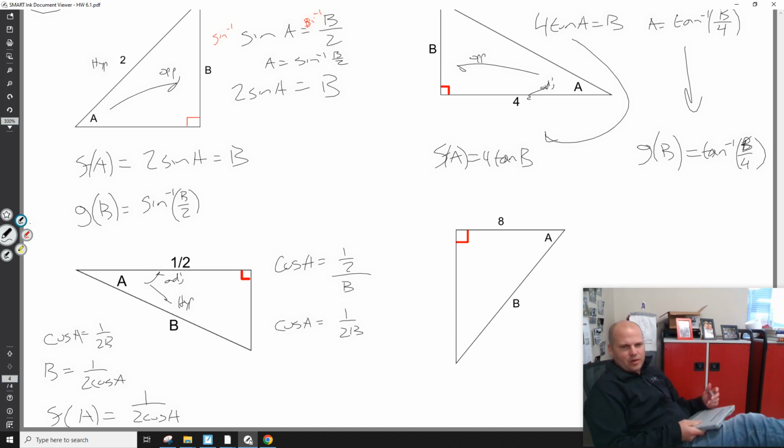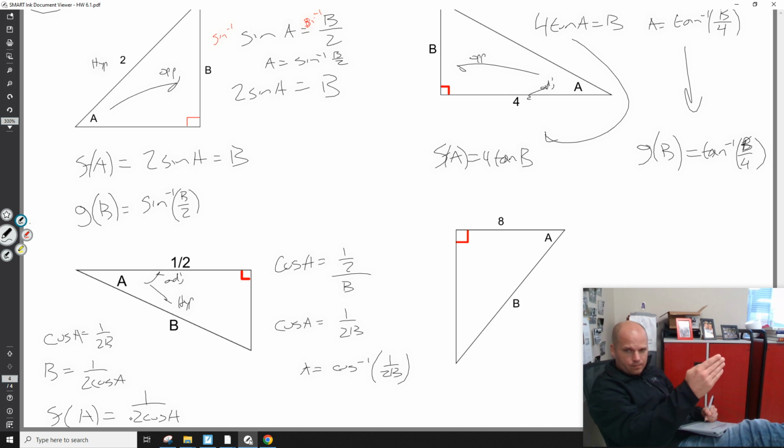We prefer the other way around. Here, it is easy to just take the cos inverse of both sides. So it's like, take A, take the cosine of it, multiply by 2, divide that into 1. To flip that, you got a B, take your B, multiply that by 2, flip that back, take the cos inverse of it. I think that makes sense.